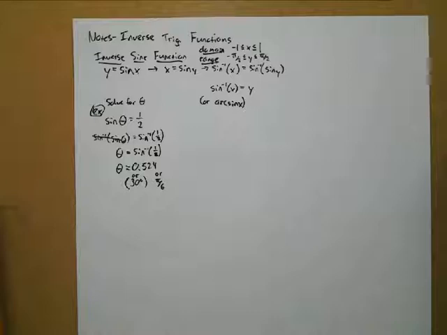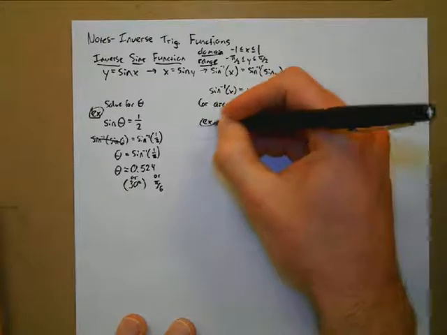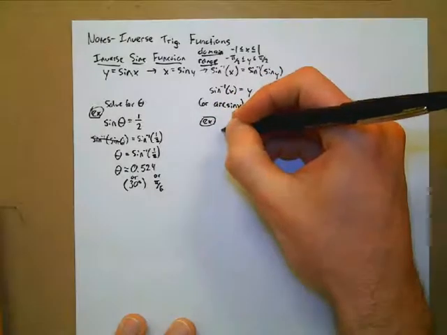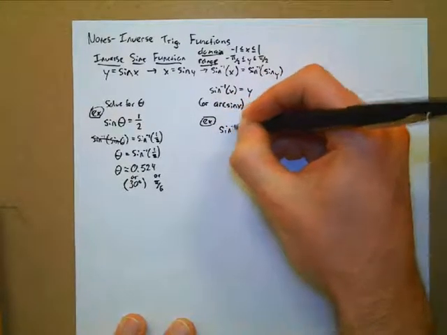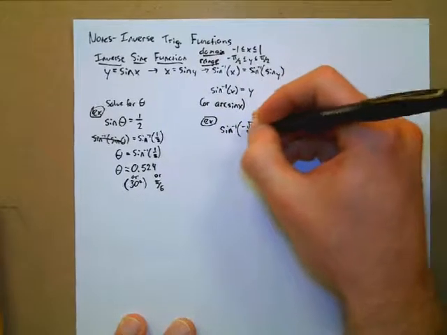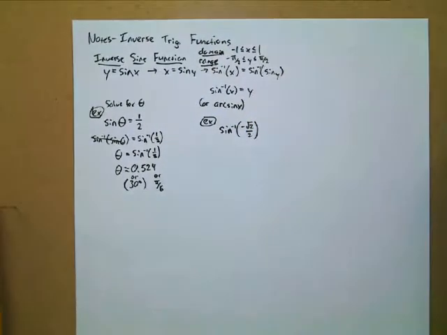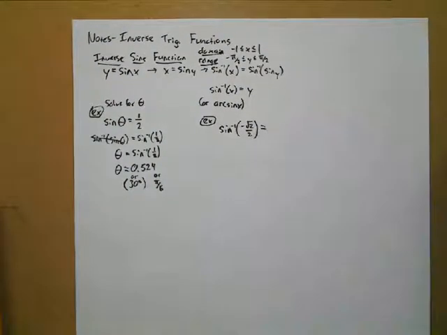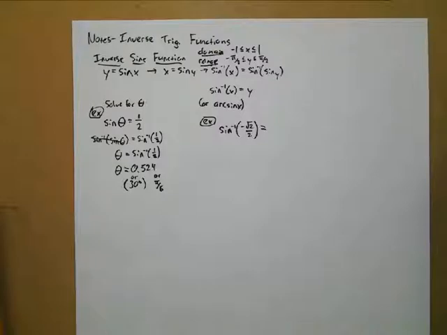Let's do sine inverse. I'm just going to give you a straight up inverse sine problem. So no setup here with an equation. We're just going to solve. What does this equal? So sine inverse of negative root 2 over 2. Again, we're going to type this into our calculator here. And again, radians is going to be the preferred measure unless the direction specified otherwise.